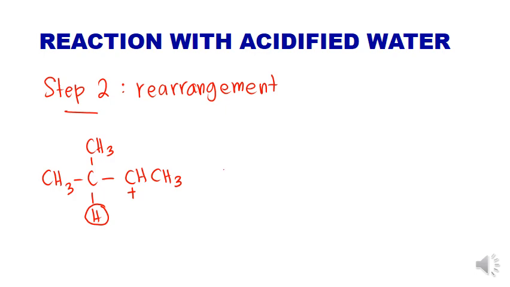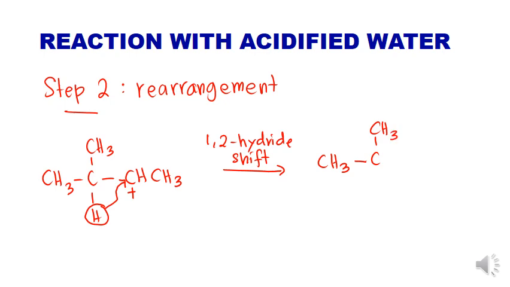So this is possible for a 1,2 hydride shift, which involves changing the position of the hydrogen atom from the neighboring carbon to the C+. So after the rearrangement, we will get a new stable carbocation, which is a tertiary carbocation.